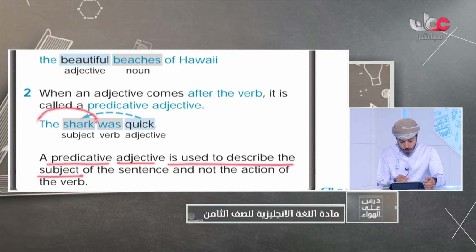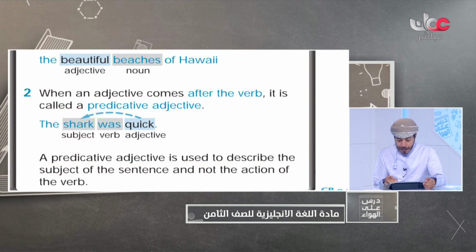This is the subject, which is the shark, of the sentence and not the action of the verb. So pay attention to this. They don't describe the action of the verb. They describe the nouns only. Good, guys? So we have attributive adjectives, adjectives that come before the nouns.